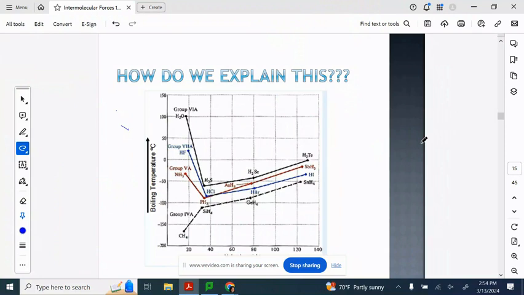Closest one to zero is group DIA. But the heavier they are... All right, what do you think is weird on here?